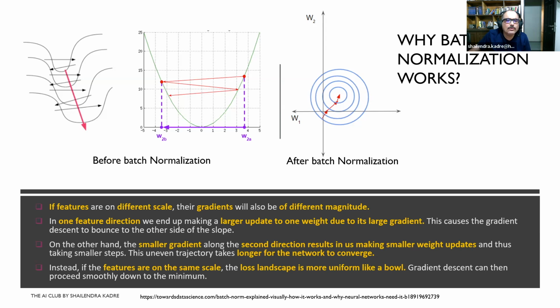Now, what happens if you don't scale your data? Suppose one feature is in multiples of 10, and another feature is in multiples of 10,000. What will happen? When we calculate the gradient with respect to feature 1, which is in multiples of 10, the weight updation will be small.